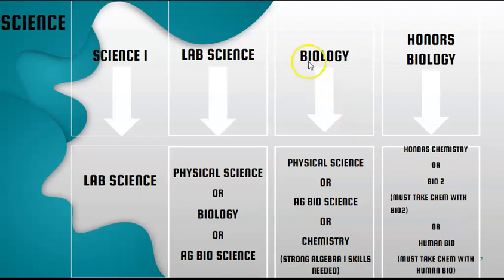If you are currently in biology right now and you have very high science grades along with very high math grades, you could also double up in chemistry or Bio 2 or Human Bio if you wish. However, this is not required, and I encourage you to talk to your science teacher and your counselor if you are thinking about doing this.